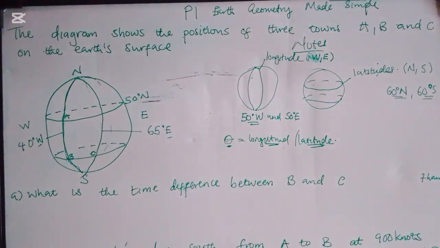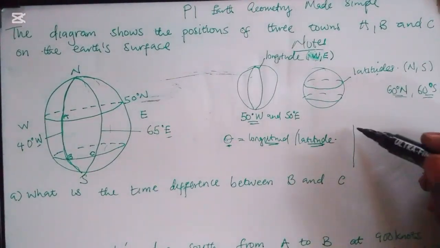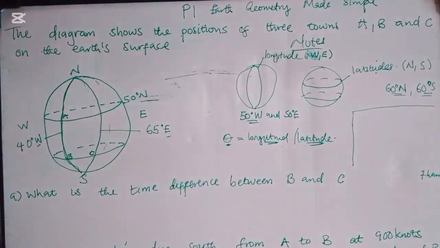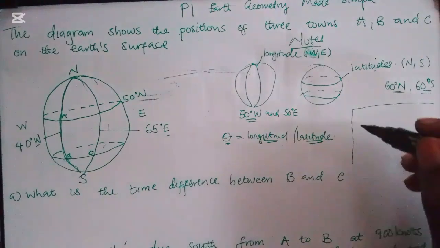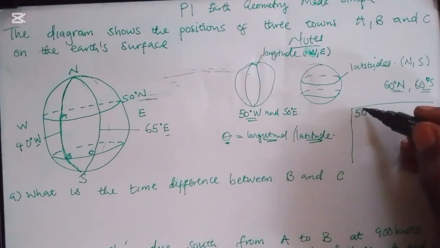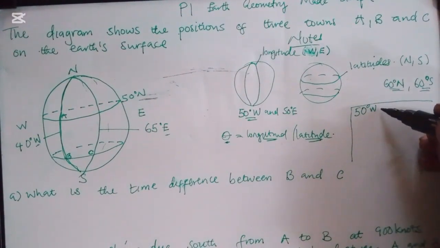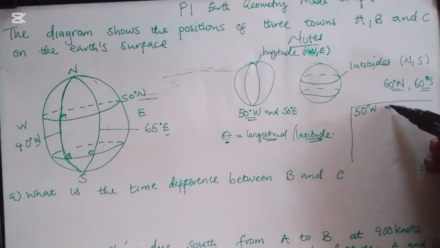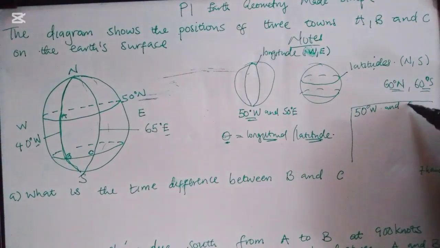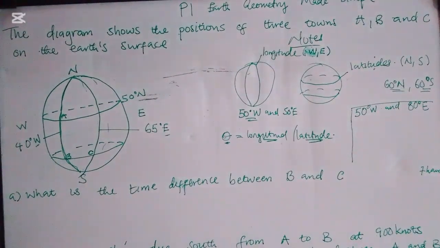Here I need to explain a bit more. What do we mean? For example, they can ask you to find the difference between these two longitudes. We say that whenever it has west, it's longitude. So they say find the difference between 50 degrees west and 80 degrees east.